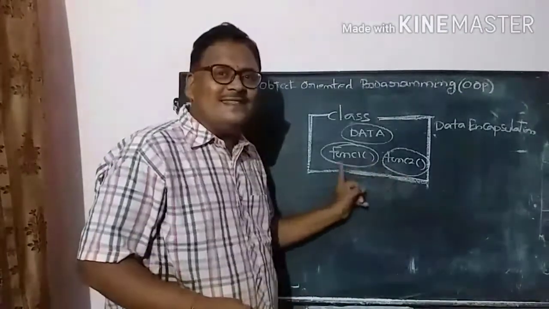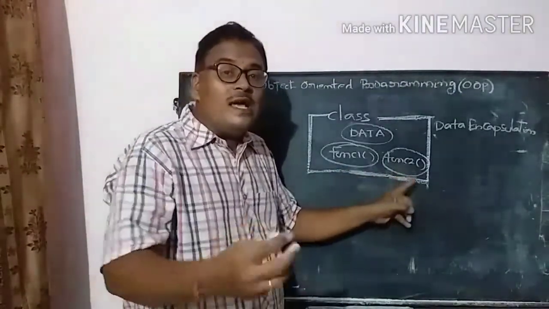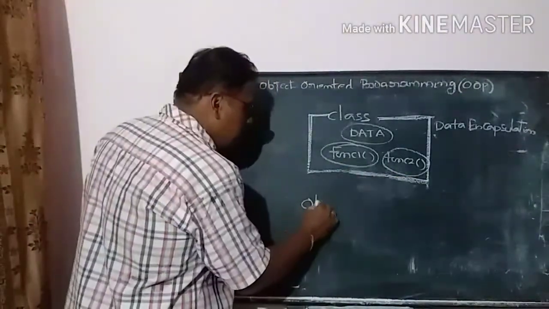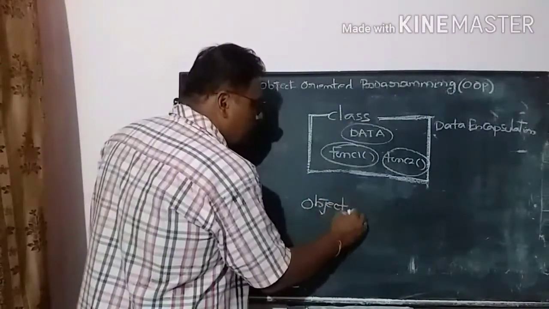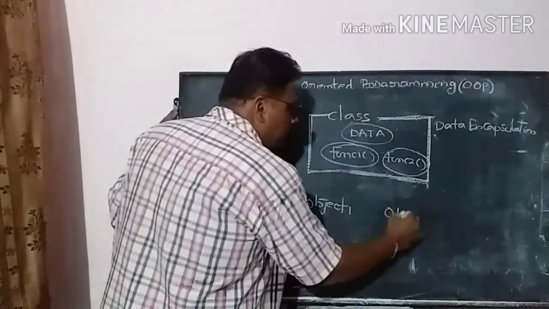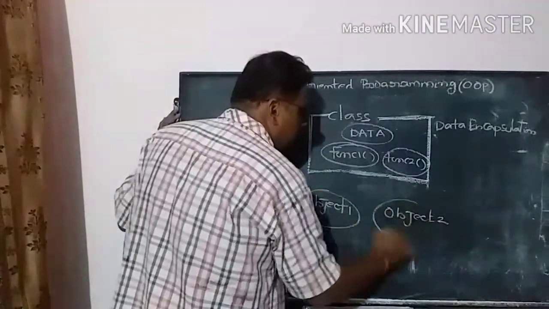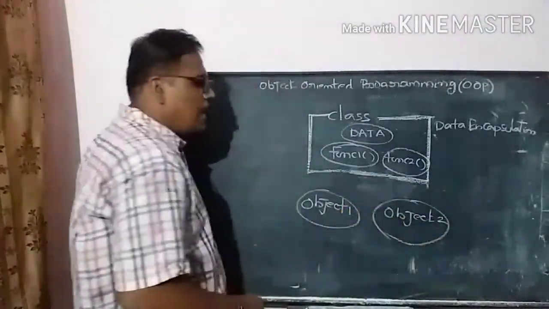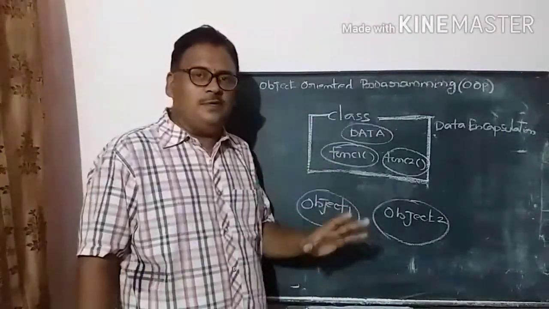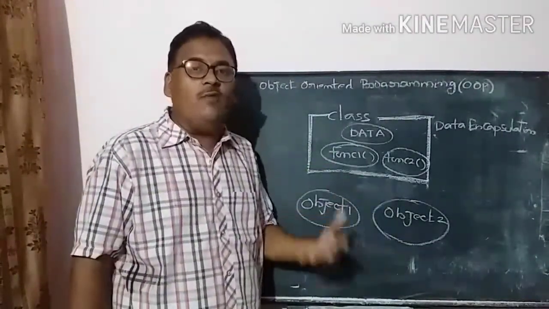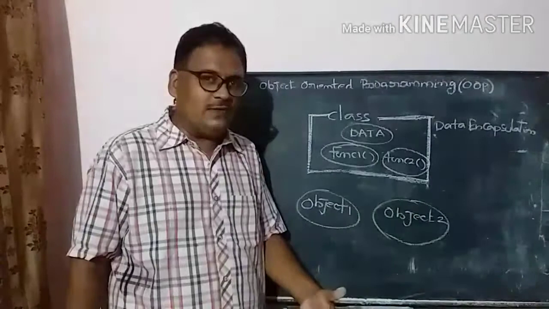Through the functions. Who utilizes the data? Objects. Object 1 and object 2. What is class and what is object? I will explain you very soon.